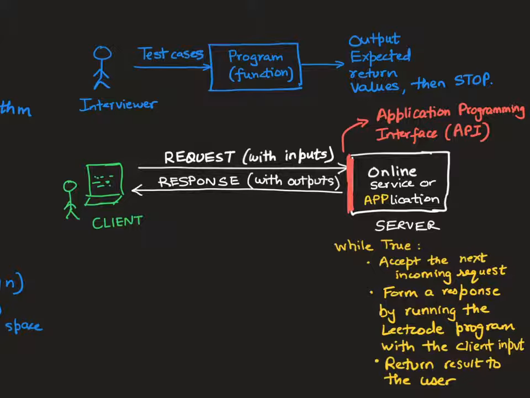So the API tells me what kind of requests I can make, what is the data format in which I should submit those requests, what the overall behavior of this online service is, and in what format the response is going to be returned, and what are the semantics of that response.